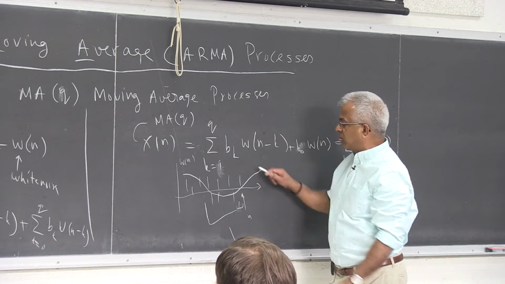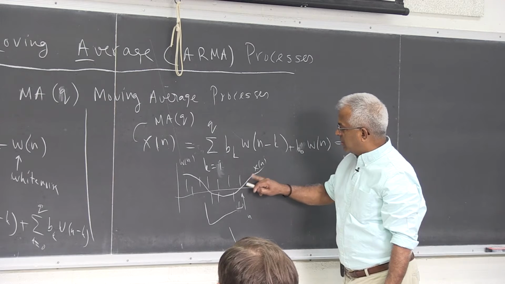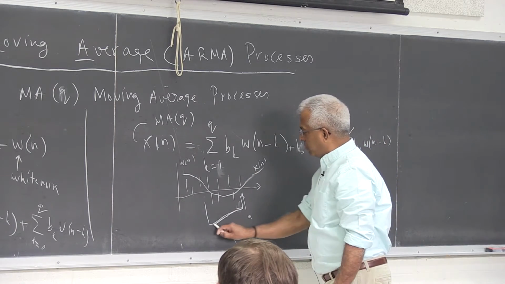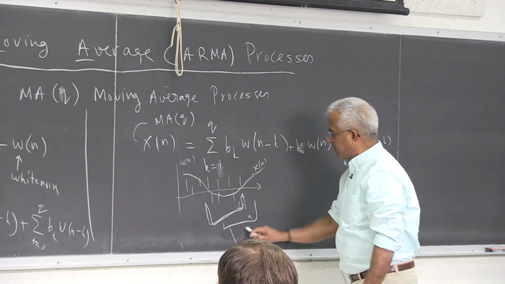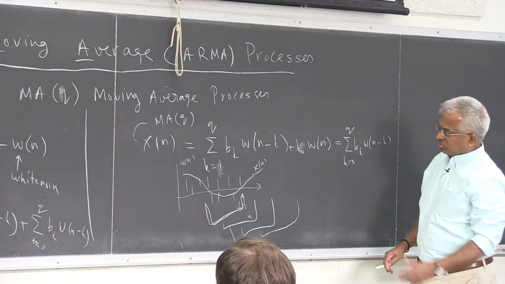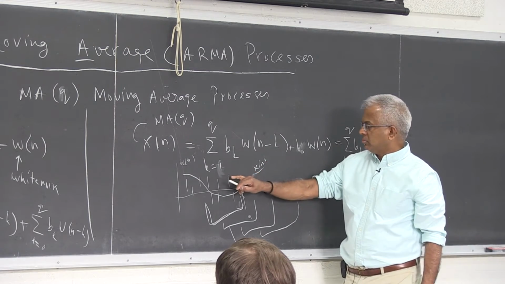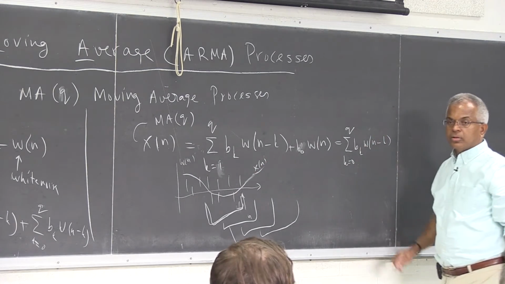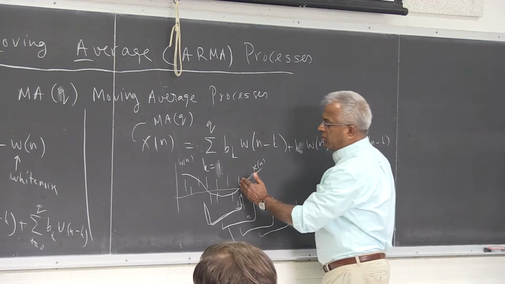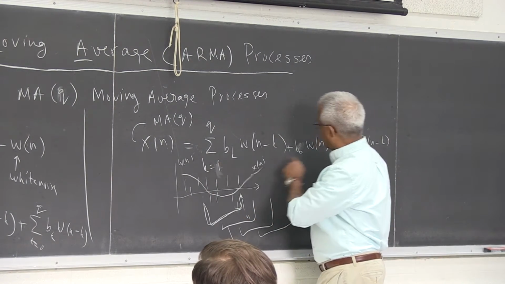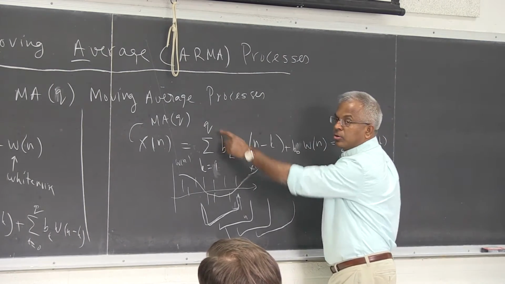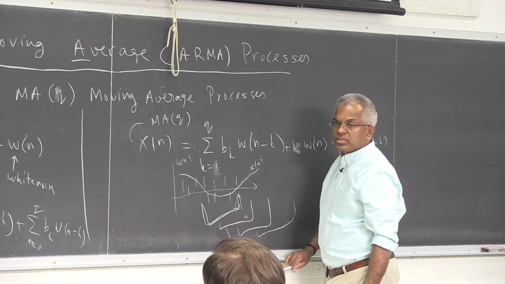So you have two processes here. You have x of n, a discrete version, and you have a time window which keeps moving with you, the same window size. The window size here is Q plus 1, because you're using the current value and Q previous values.